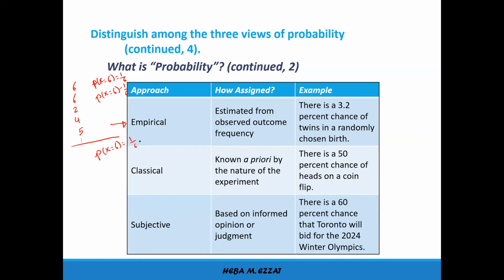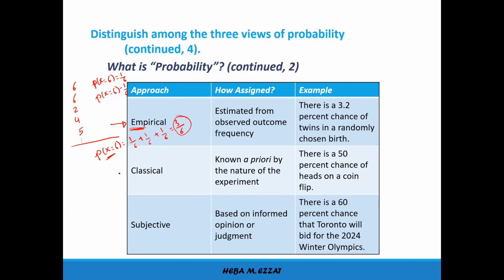Maybe 6 appeared 3 times. So in this case, due to my observation, the empirical probability revealed that 6 was repeated 3 times, so the probability of getting 6 was 3 divided by 6. This is what is meant by empirical. It's based on the observation.